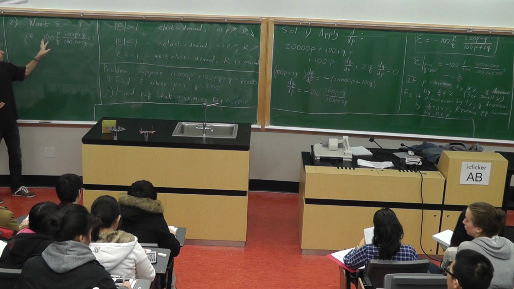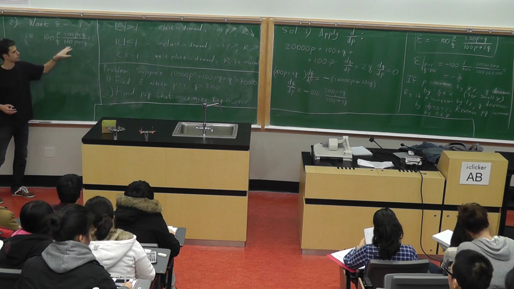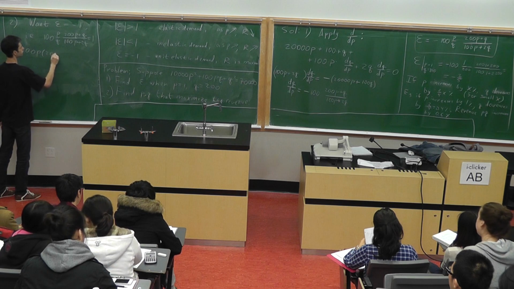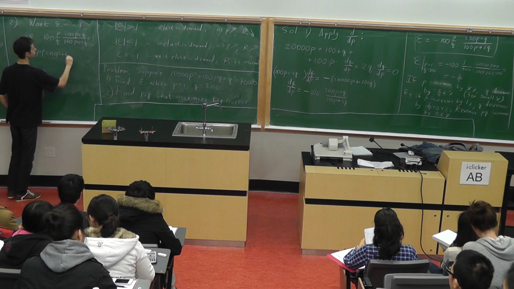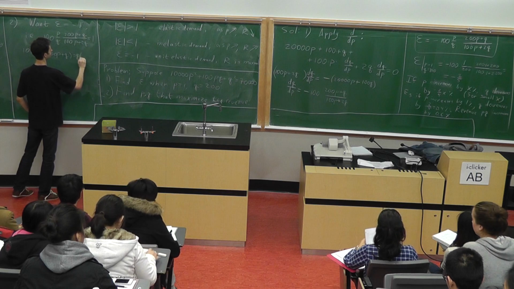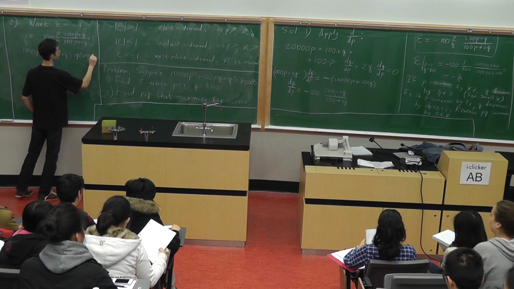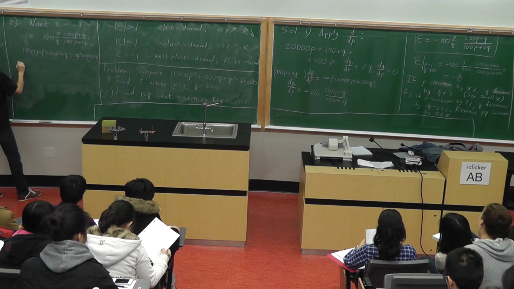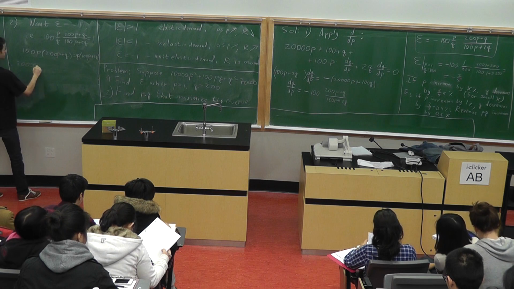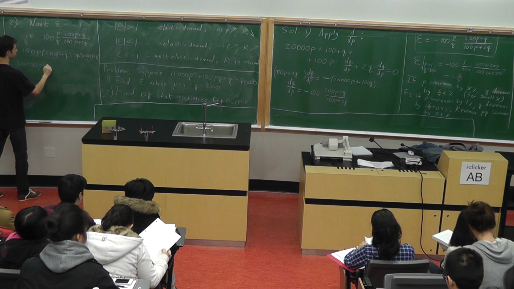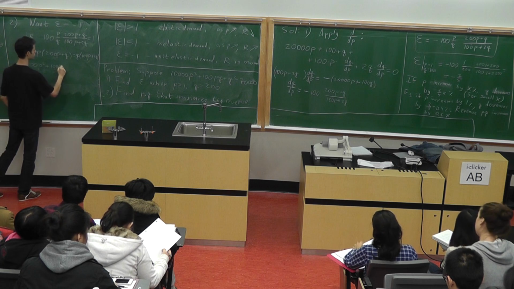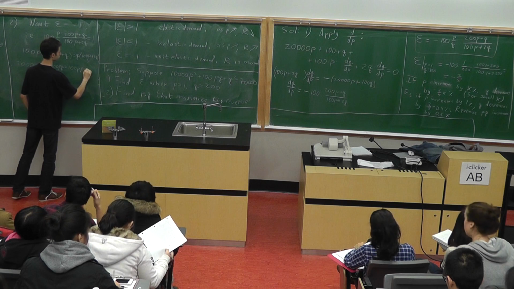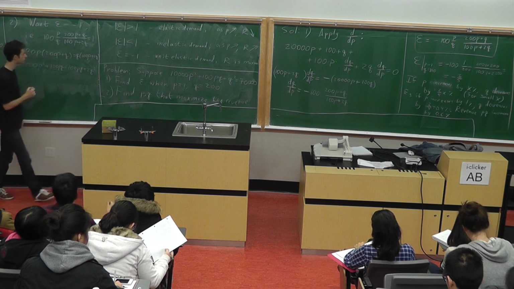Let's simplify it. Let's say the numerator should be equal to the denominator. So 100P times (200P plus Q) is Q times (100P plus 2Q). Let's open the brackets. 20,000 P squared plus 100PQ is 100PQ plus 2Q squared.